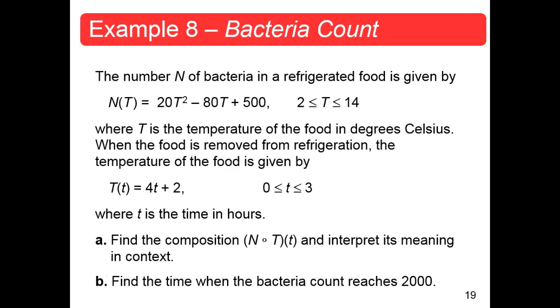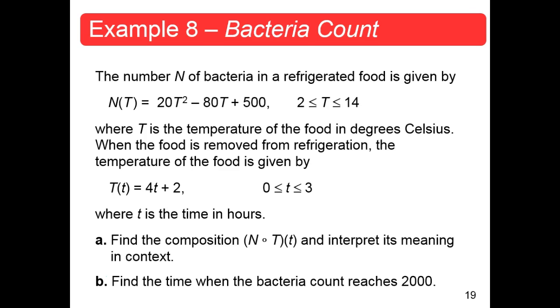And this is good from t equals 0 to 3. Well, let's see what happens at 3. When t is equal to 3, this would be 12 plus 2, which is 14. So this works for these domains and these ranges, where t is the time in hours.